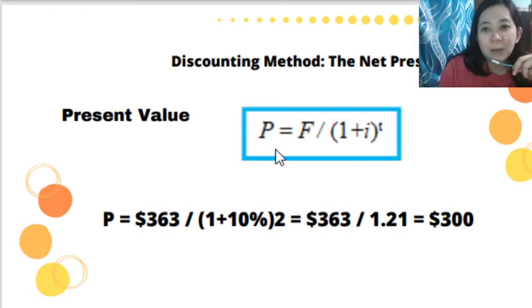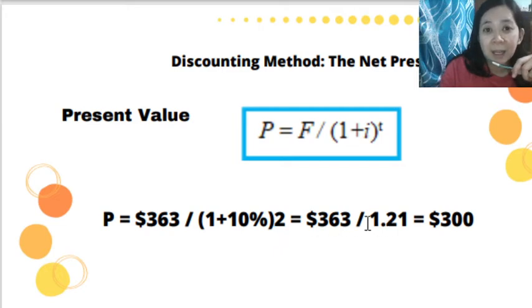If you use this formula to solve the problem that we mentioned in the first slide, that is $363 divided by our discount factor. The 1 is the constant variable, 10% is our interest rate, and the exponent 2 is the investment period.